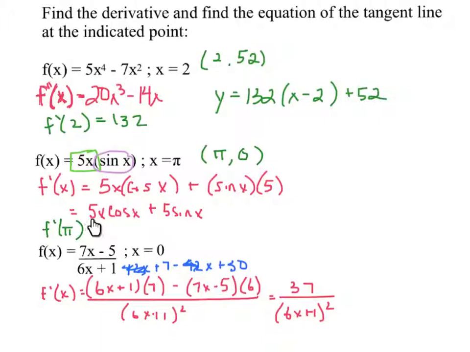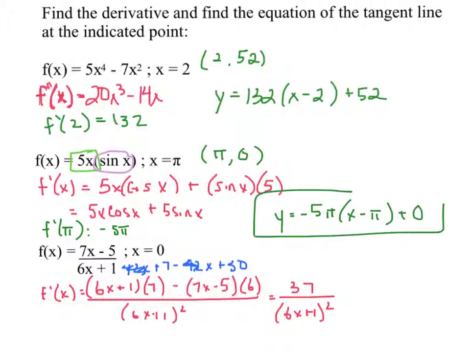Well, let's see, 5 pi times the cosine of pi. Cosine of pi is negative 1. So negative 5 pi plus 0 is negative 5 pi. So kind of a weird looking slope. That is the slope. So we're going to have y equals negative 5 pi times x minus pi plus 0. Okay, so that's our tangent line.